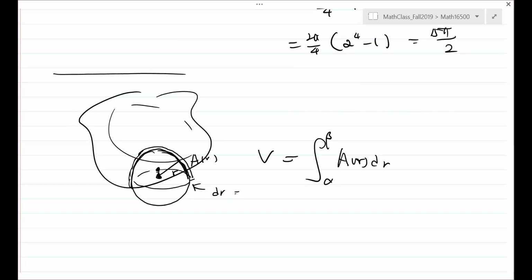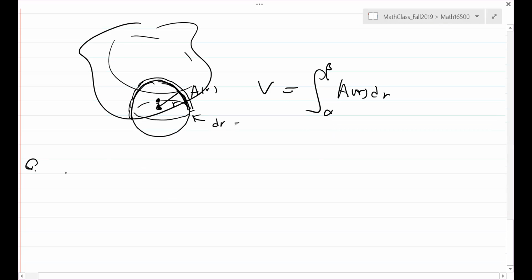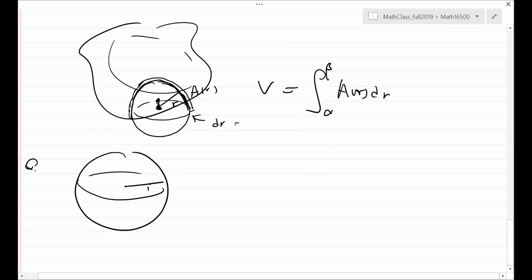This is a useful formula. For example, how to find the volume of a sphere. Here's a sphere with radius capital R. Find the volume. What you have to know is the surface area of the sphere.